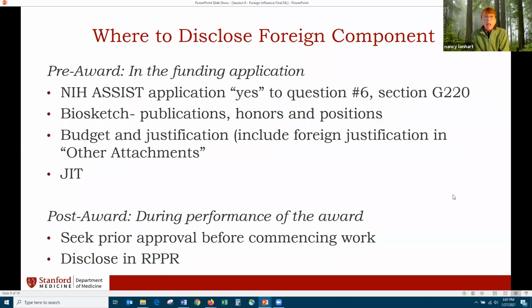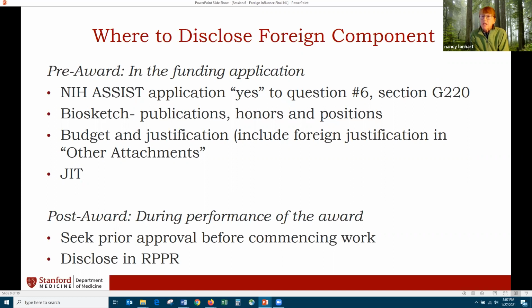For example, let's say that your PI has a very close collaborator at Duke, and that collaborator gets a recruitment package to go and work at the University of Bologna. And they up and leave Duke and they move to the University of Bologna in Italy. Now, you didn't know that at the time that you submitted the proposal, but you know it now during JIT.